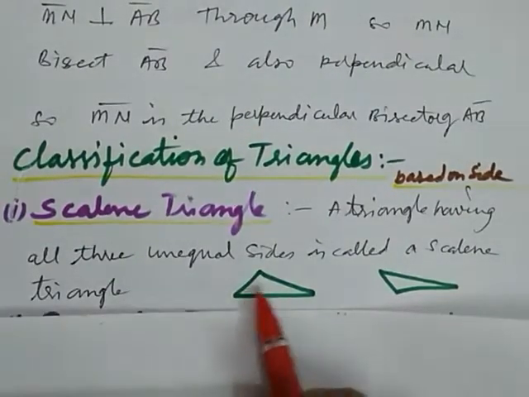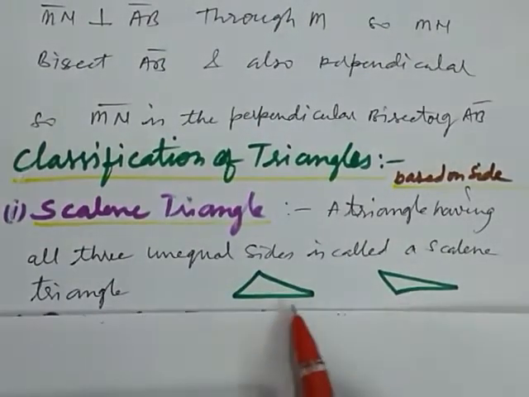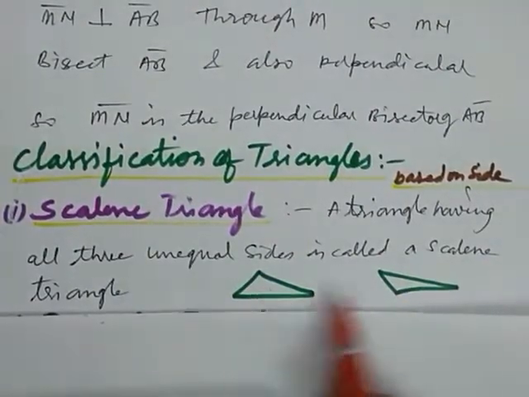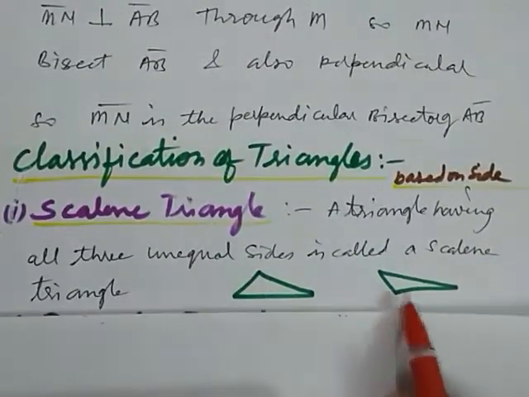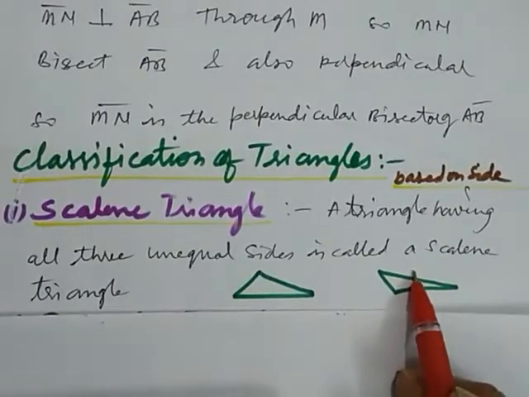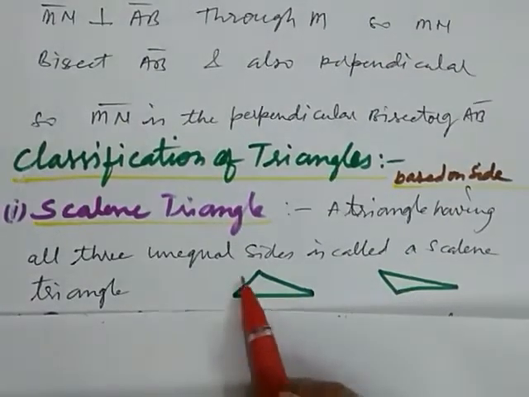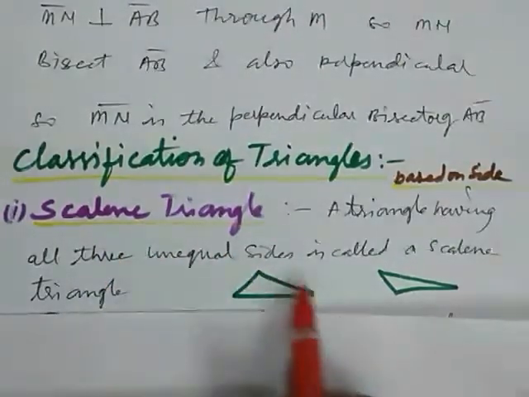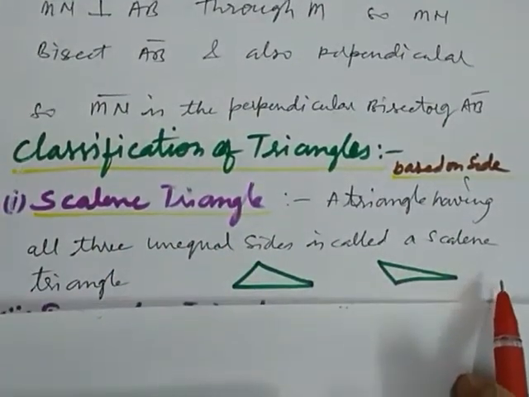They are not equal to any other. In this case, this type of triangle is considered a scalene triangle. These two are scalene triangles because all 3 sides are unequal. Okay, this type of triangle is known as a scalene triangle.